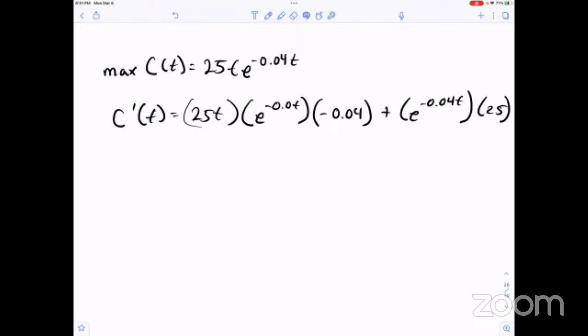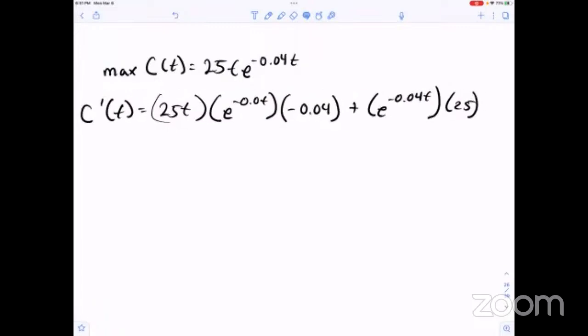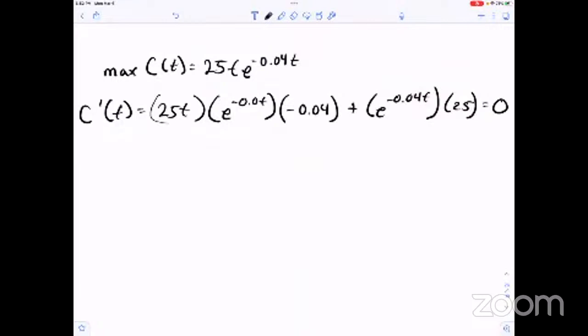The critical values are going to occur when this is either 0 or when this is undefined. Let me see if I can simplify this down some. They both have this e that we can factor out, and they both have the 25 that we can factor out. All right, so let's factor out 25 times e to the power of negative 0.04T. Okay, I didn't write that one all the way out.